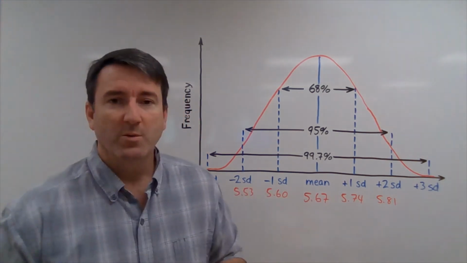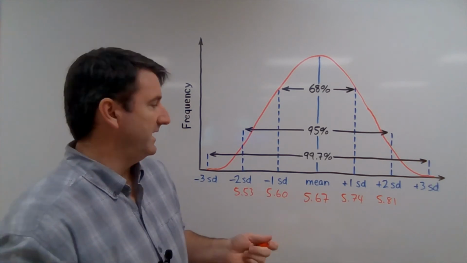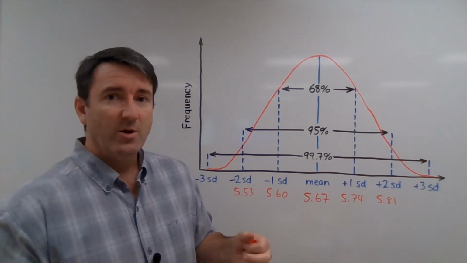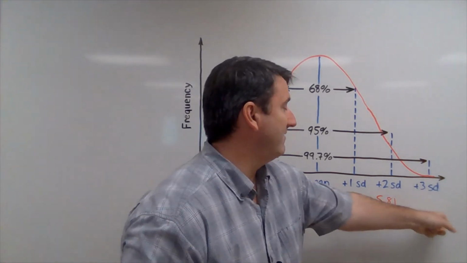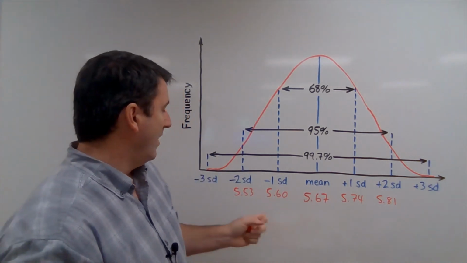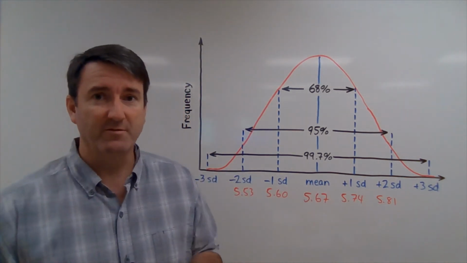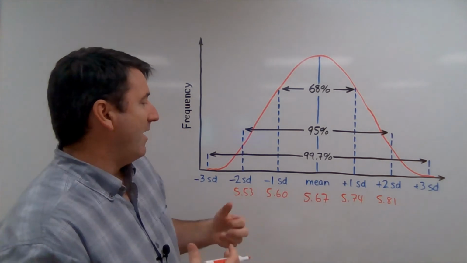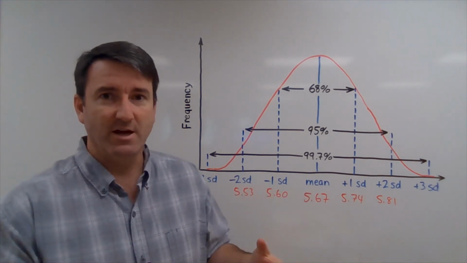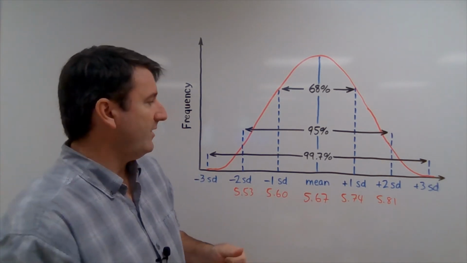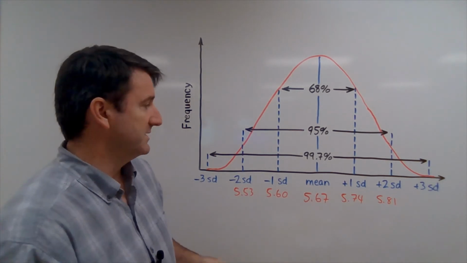We're told that the vending machine is going to reject quarters that are above 5.81 grams or below 5.53 grams. And we're asked what percentage of legal quarters are going to be rejected by this machine.